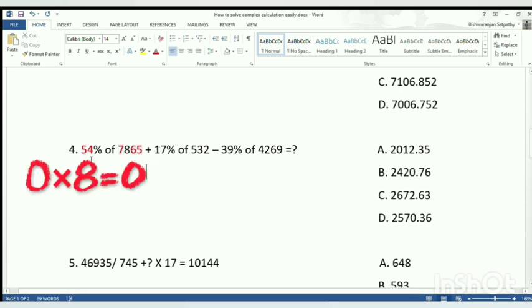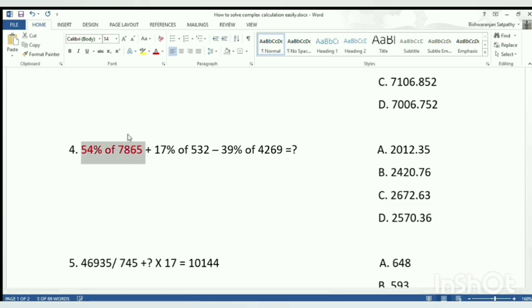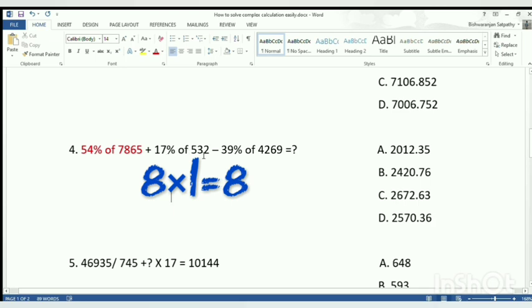Okay, so here 0 is there into something, the whole term will become 0, so we'll eliminate the whole term. Okay, now in this one 1 plus 7 is 8, 5, 3, 2 will become 10. So 8 into 1 will be 8. So here 8 will remain.